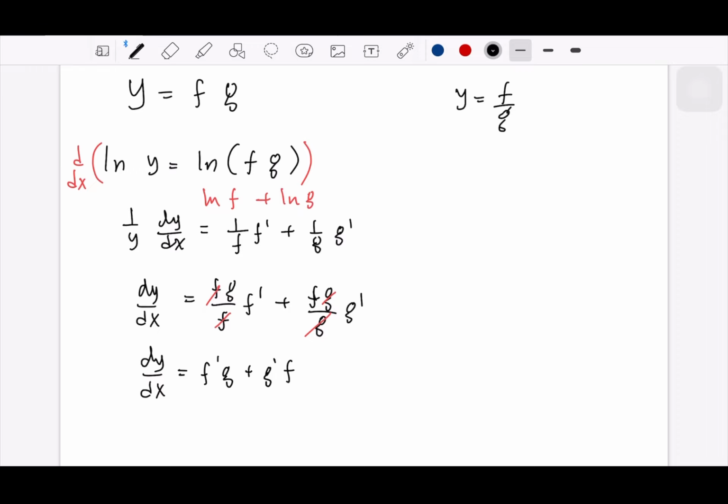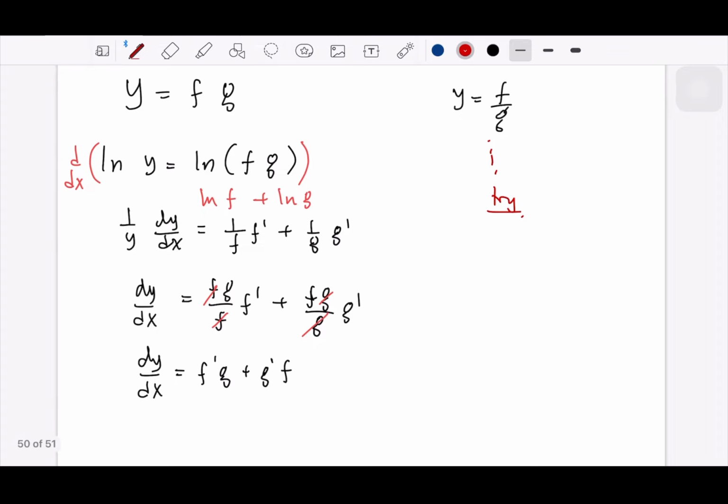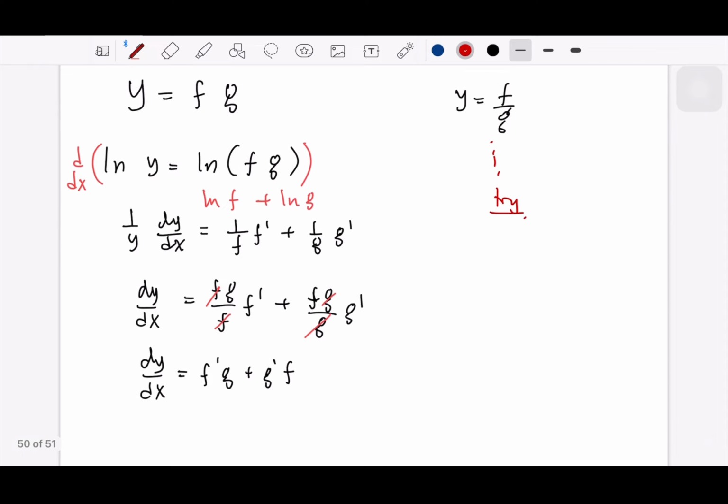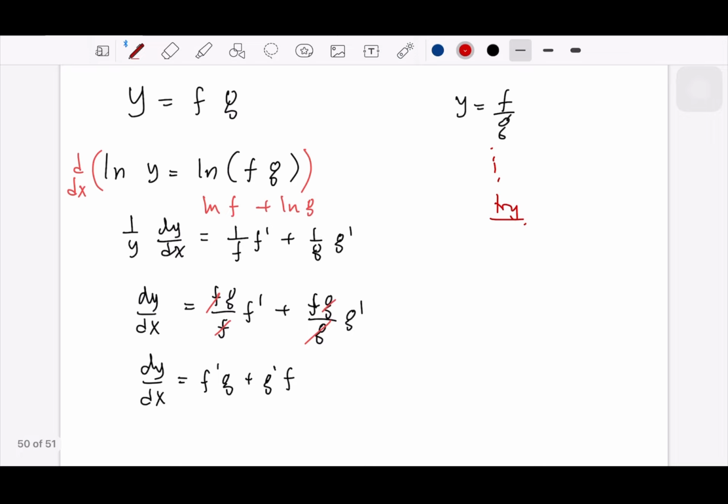So you can also try this. And whenever you feel all the techniques, all the process, of course, it will help you to understand the derivative stage. Okay? I think it will be helpful.